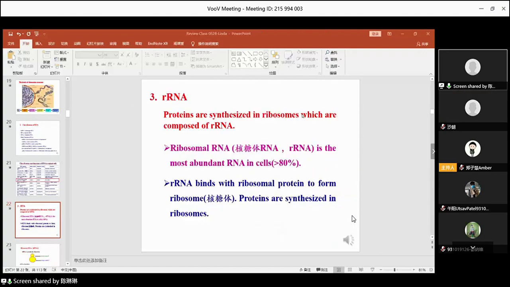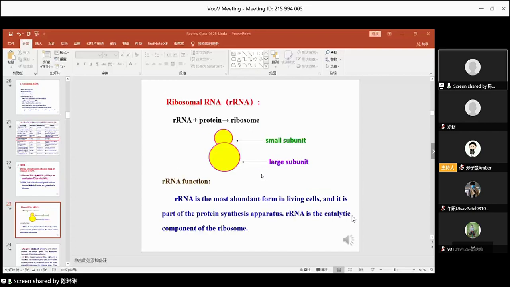And next, a single choice question I will give you is about the rRNA. The proteins are synthesized in ribosomes, which are composed of RNA. The ribosomal RNA is the most abundant RNA in cells. And for the composition, it contains the rRNA and the protein.